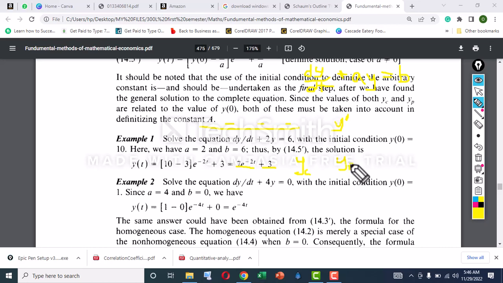So the general solution is comprised of the complementary function and the particular integral. From here, our complementary function is this, and our particular integral is 0, because 0 means nothing. That's why it's not showing in this answer. So that's by the way.